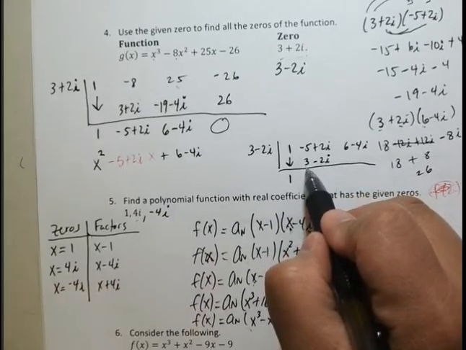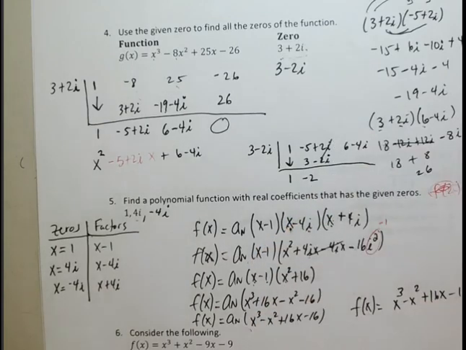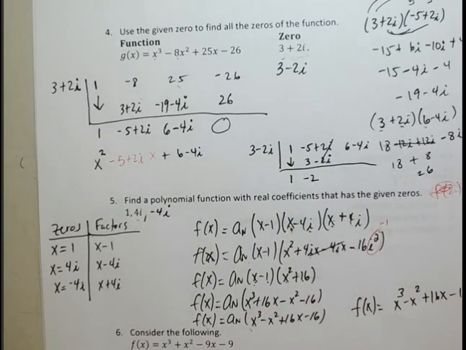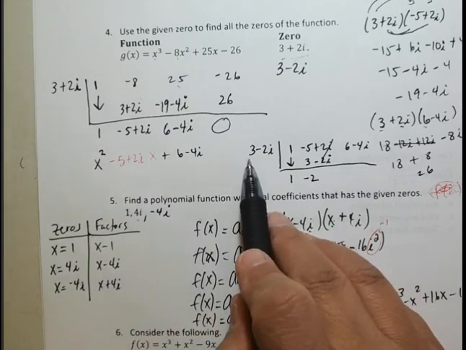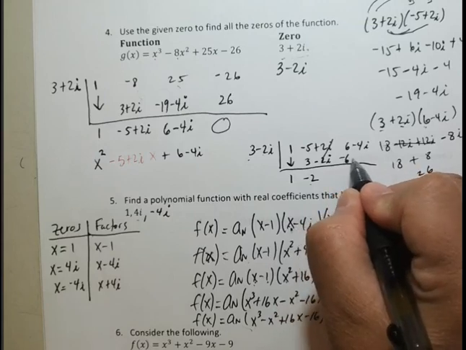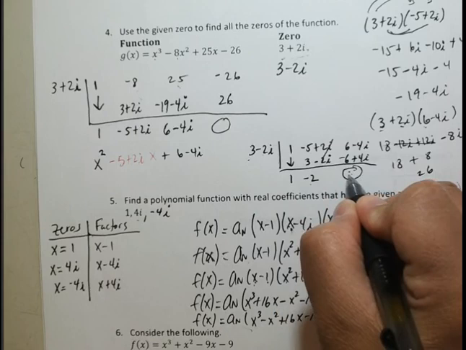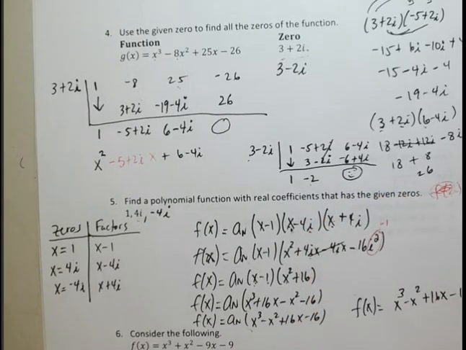Negative 5 plus 3 is a negative 2, and the i's cancel. And then 3 minus 2i times negative 2 is negative 6 plus 4i. So I get a 0, so that's a good thing.